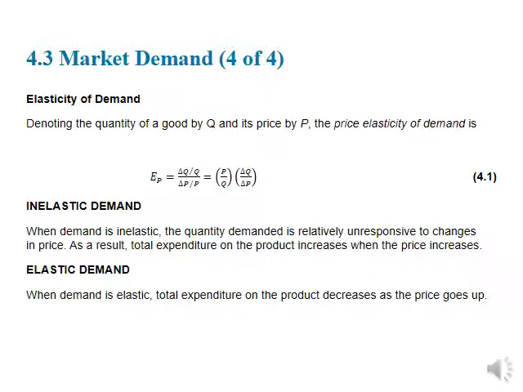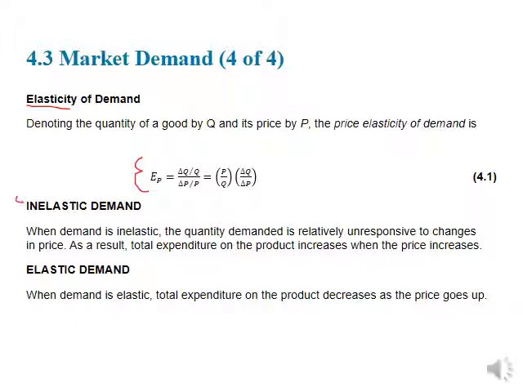We'll go over elasticity pretty quickly because we already did it in Chapter 2. But the price elasticity of demand is the percent change in quantity demanded in response to a percent change in price. And remember, elasticity is a stupid word, but all it means is sensitivity.